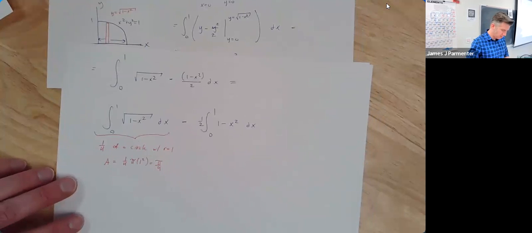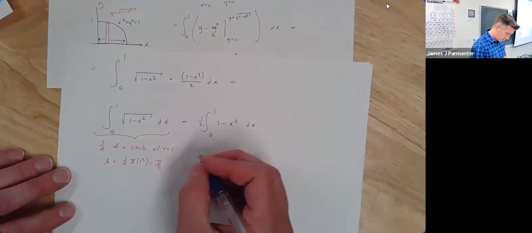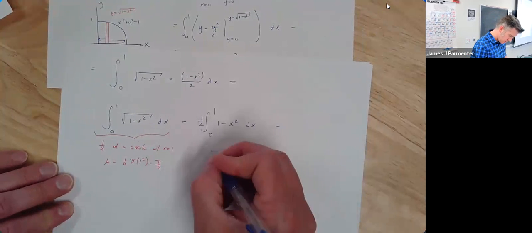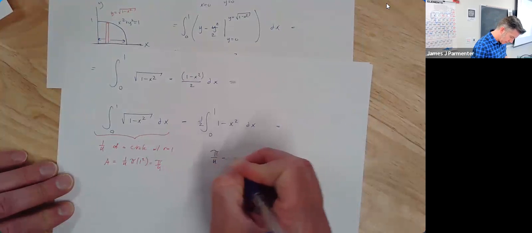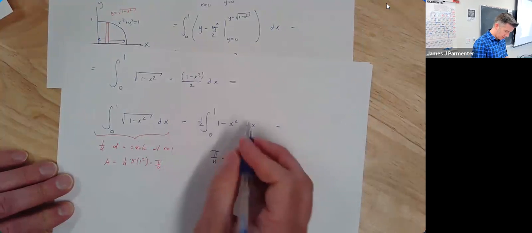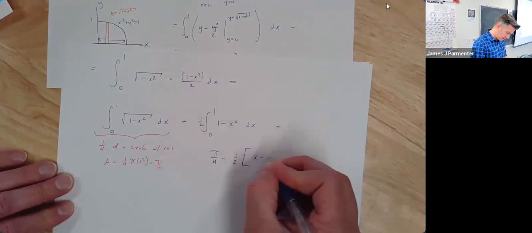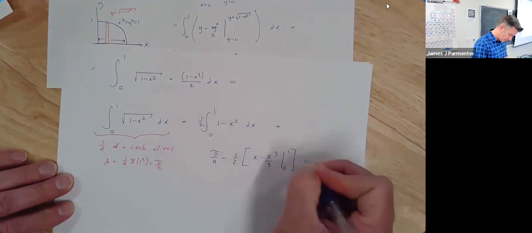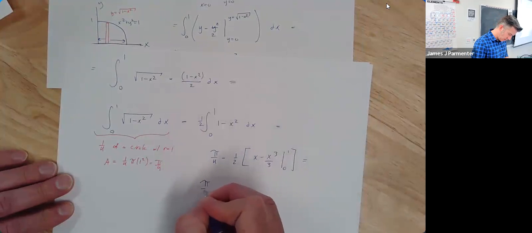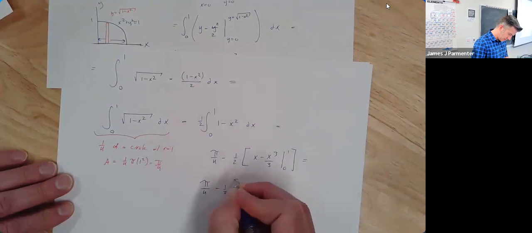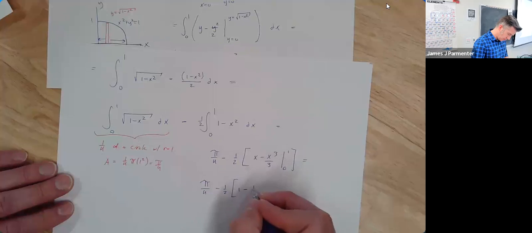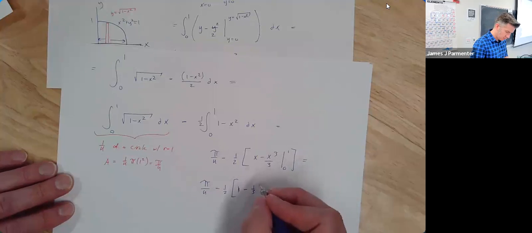And then this other part, we just integrate like usual. So we're going to end up getting pi over 4 minus 1/2 times the integral of 1 minus x squared, which is x minus x cubed over 3 from 0 to 1. We're going to get pi over 4 minus 1/2 times 1 minus 1/3, minus 0 minus 0.